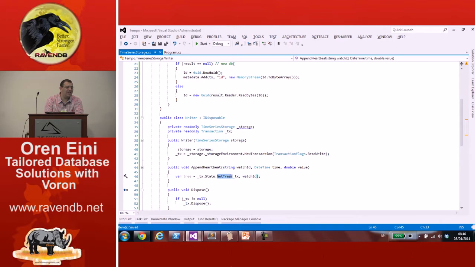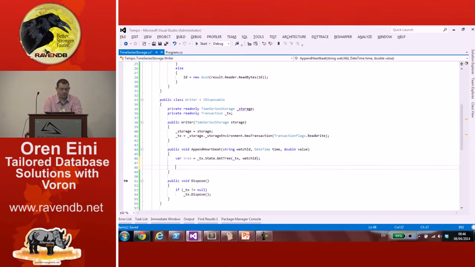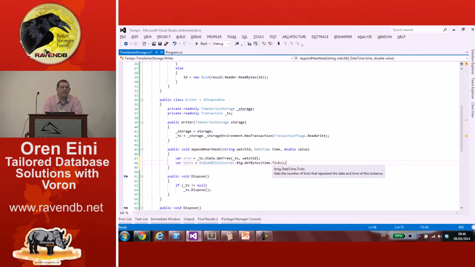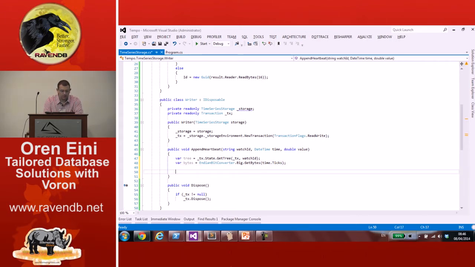Now, get tree in a write transaction has the side effect of creating the tree if it doesn't exist. So now time x. So I'm taking the ticks value because that is a very simple number of ticks since epoch, and I'm converting that into a big endian byte array. And now I can do this.